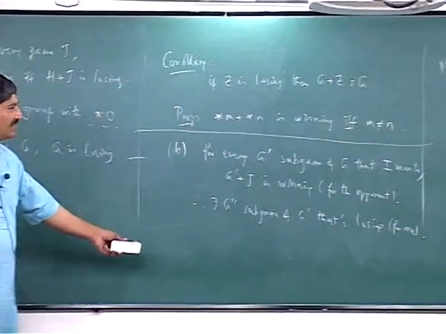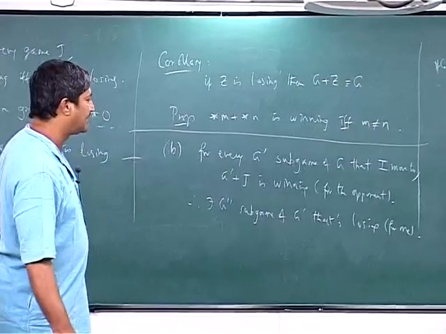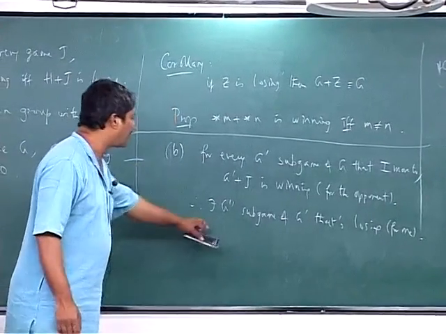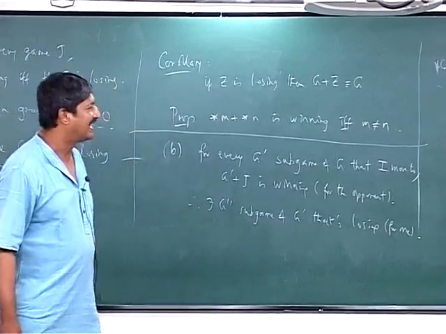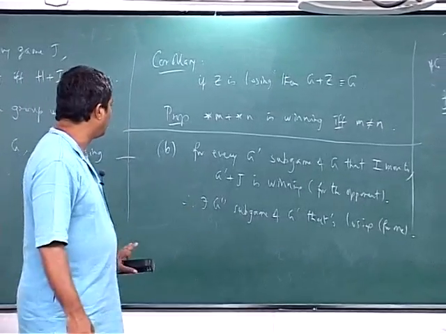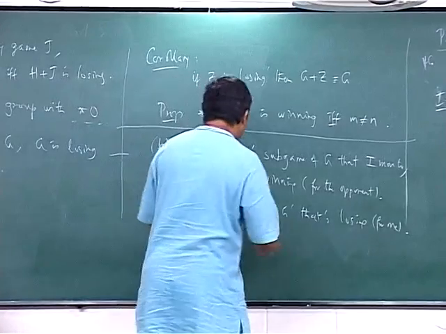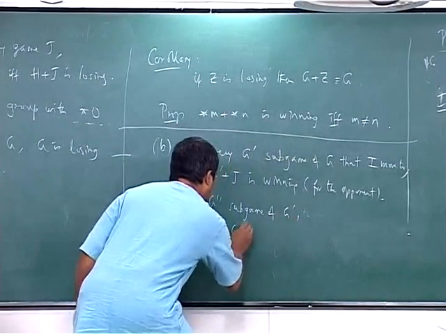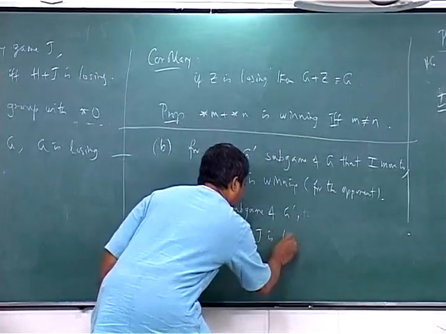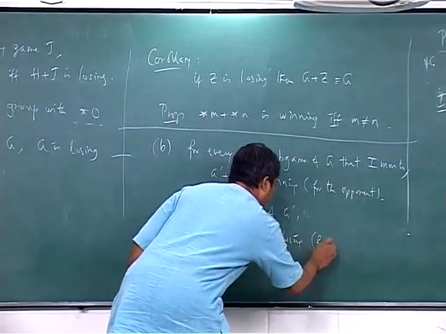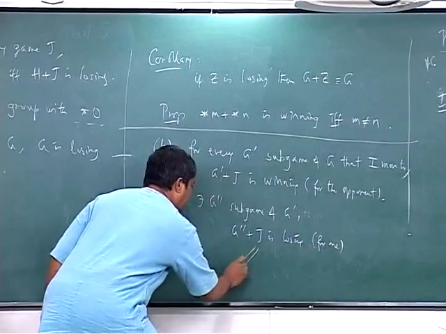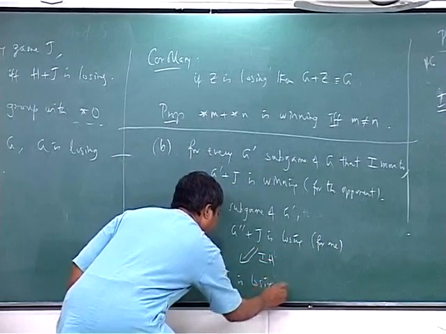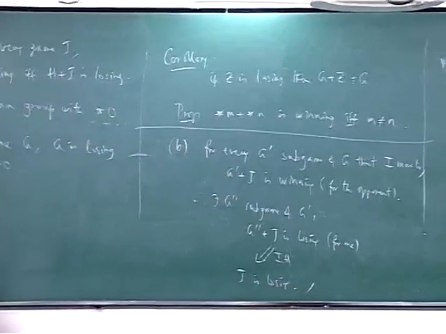Now, by induction hypothesis, what I am showing here is G double prime plus J losing. G prime, G double prime plus J is losing for me, and therefore by induction hypothesis J is losing as well.